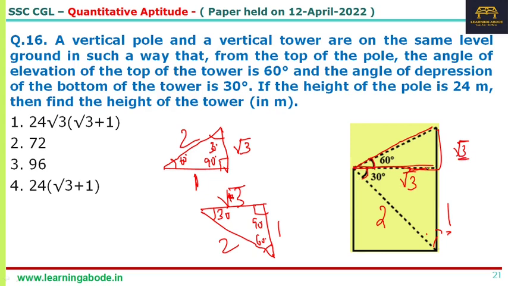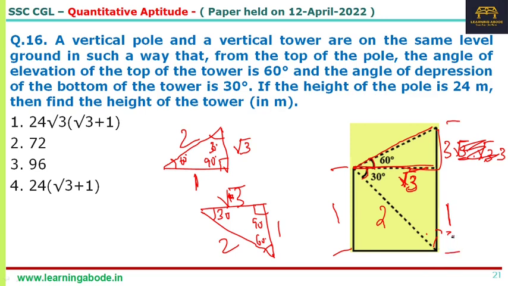Now what if this is √3? Then this will be √3 into √3, that will be 3. So this part is 1 and this part is 3, right? So if the length of the pole is 1, then the length of the tower is 4 times. Now this is a repeated question.